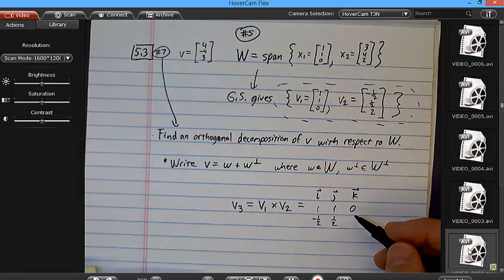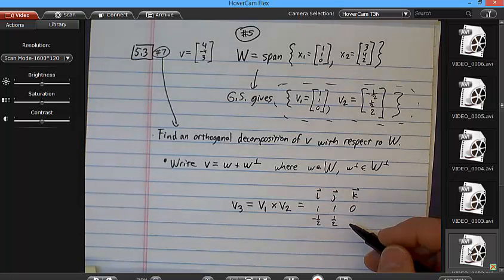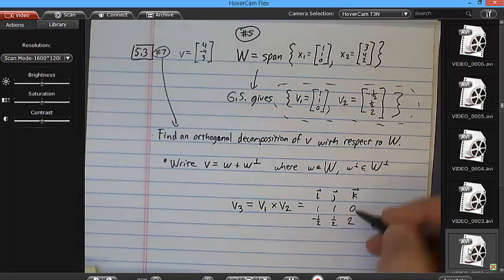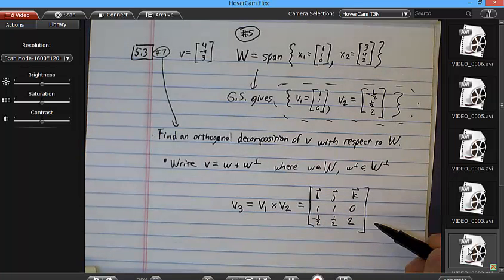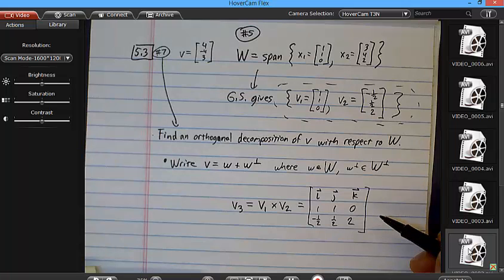So V3, I'm going to get by taking the cross product of these things, 1, 1, 0 and the other vector. This is one way to get it. This is cheating. I'm doing calculus instead of linear algebra. And I can't possibly do this if there's 4. But you guys said you want me to do it the easy way, and I kind of agree right now.